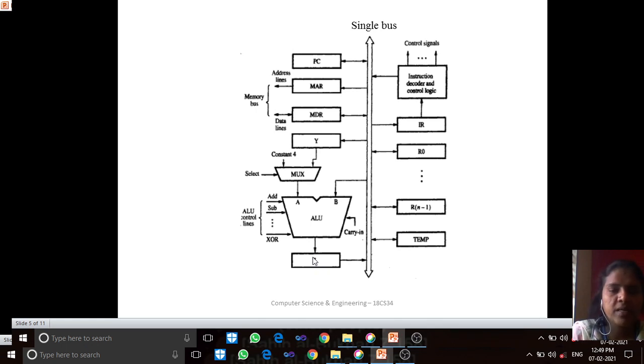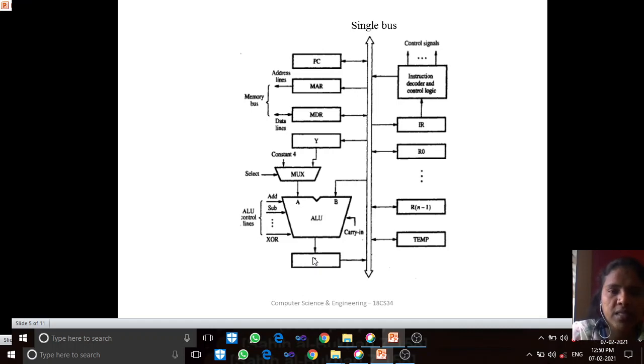Now here it depicts the internal processor bus. You have a general bus which connects the different functional units: memory, input, output, CPU and all. This bus is internal to the processor and connects the special purpose registers PC, MAR, MDR, as well as temporary registers, along with the ALU and general purpose registers.